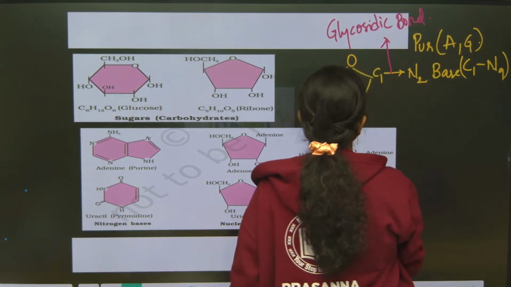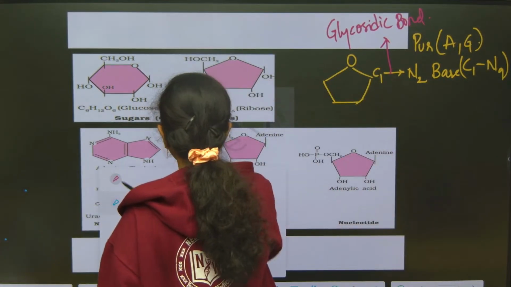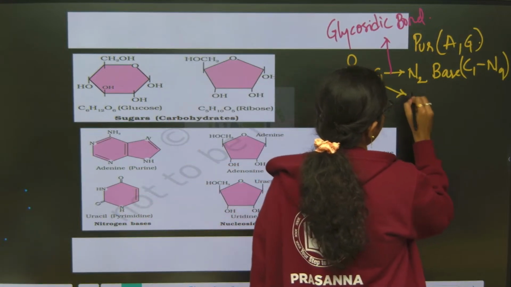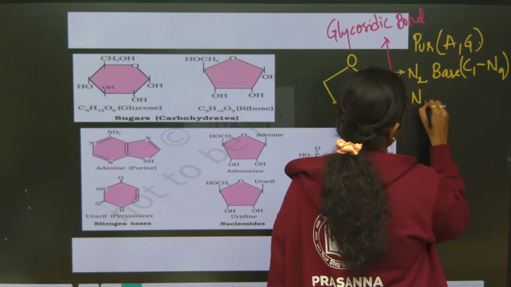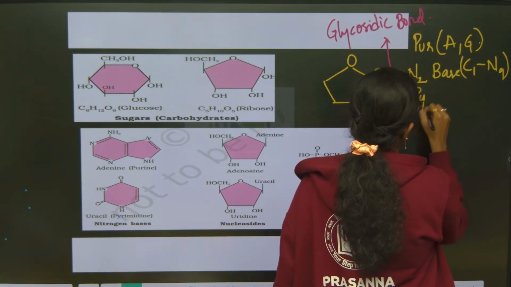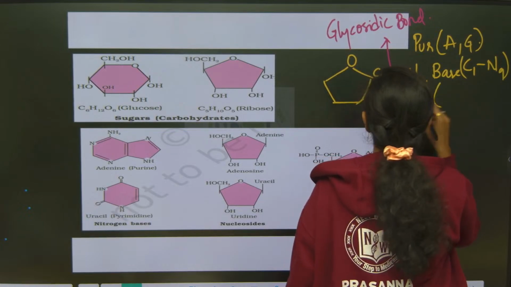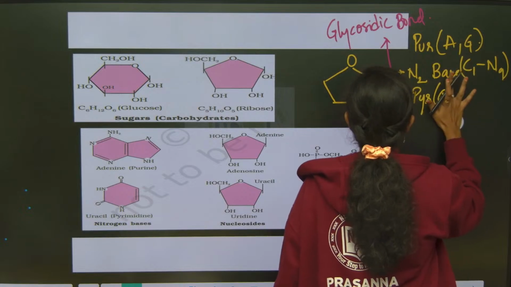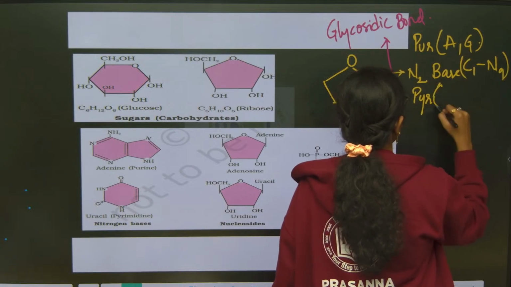And C1 of the sugar and N1 will be connected if it is a pyrimidine. What are the pyrimidines in DNA?